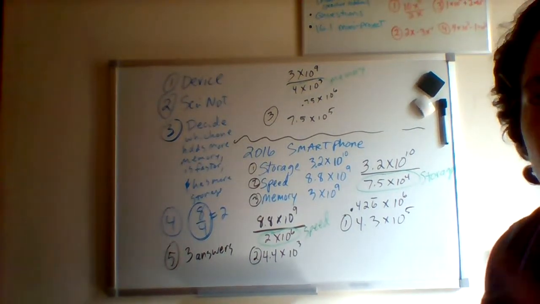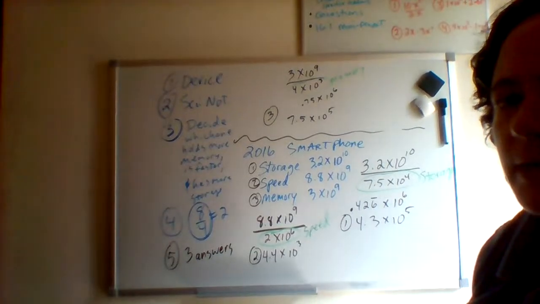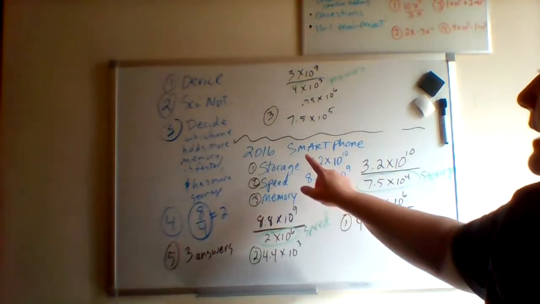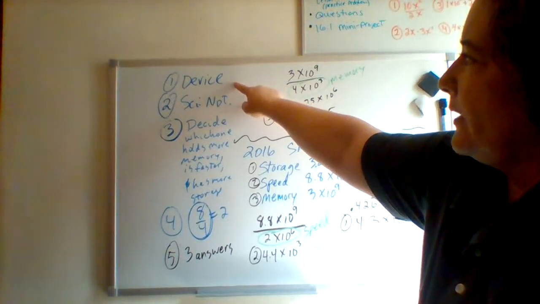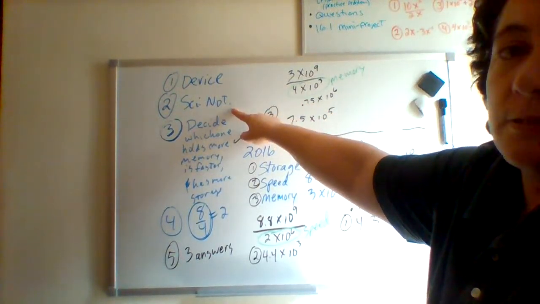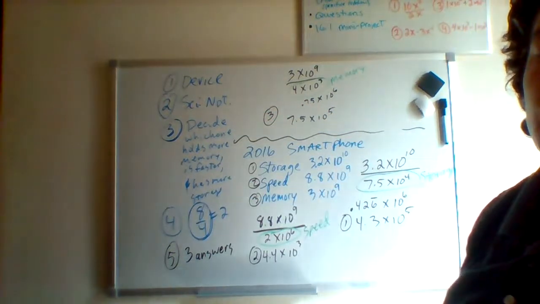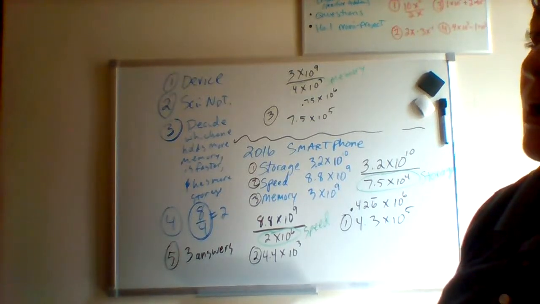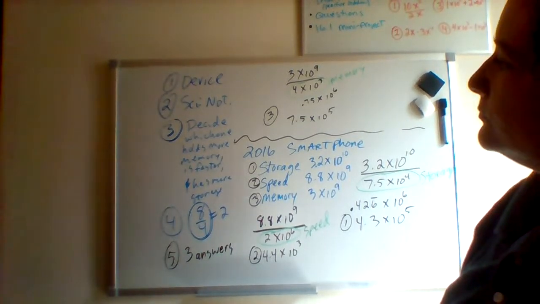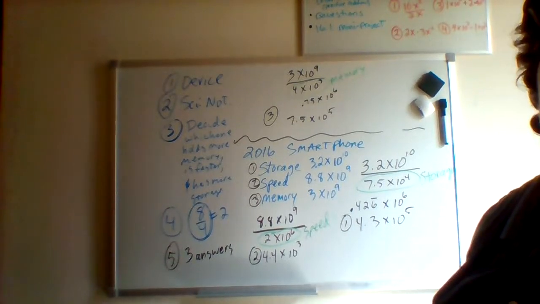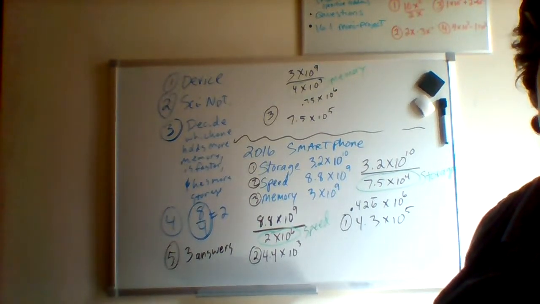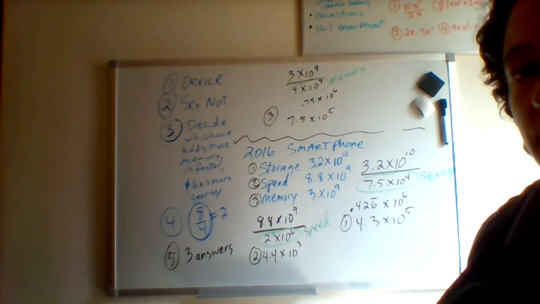I need you guys to pick one device. Get the scientific notation, right? Pick the device, create the scientific notation for its data, storage, speed, and memory. Decide which one held more memory, which one went faster, and which one had more storage, the Apollo Guidance or your device that you chose.